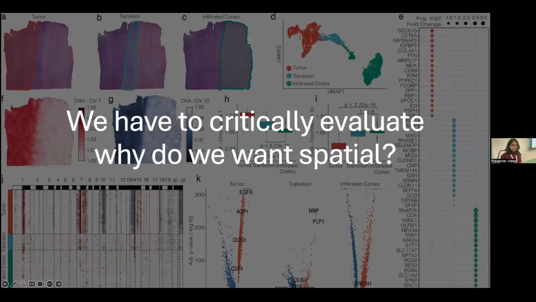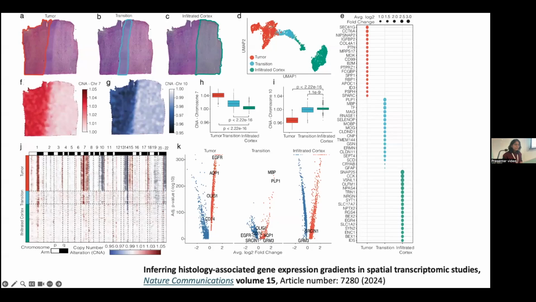So why do we have to critically evaluate why we want to do spatial? When it comes to my project, when I started it, I had gone through some experience sitting with a pathologist who would annotate these regions for me.